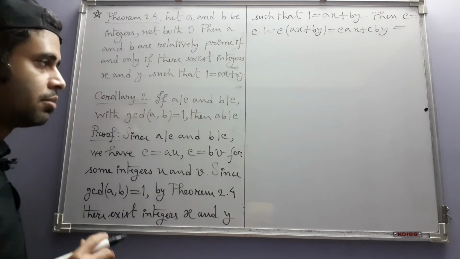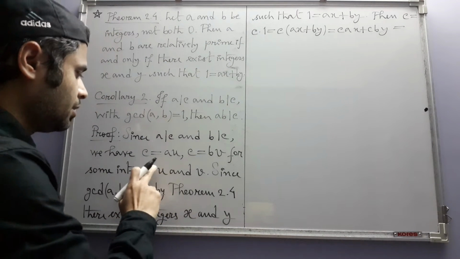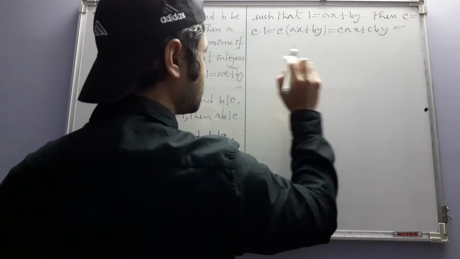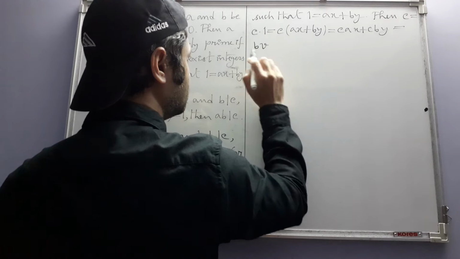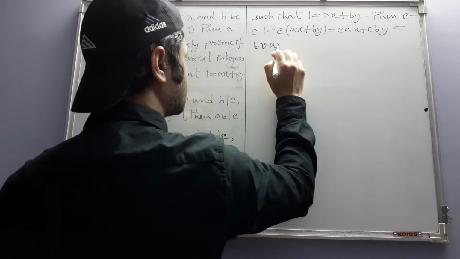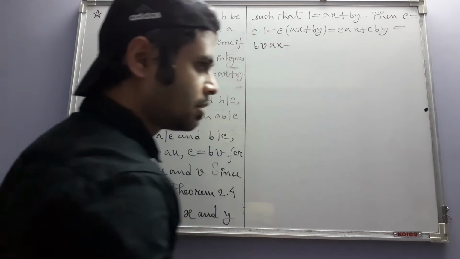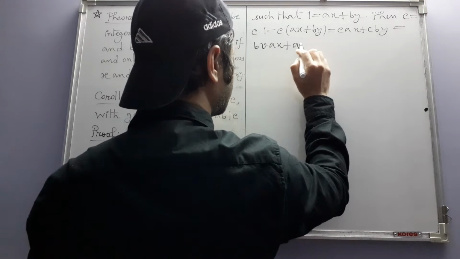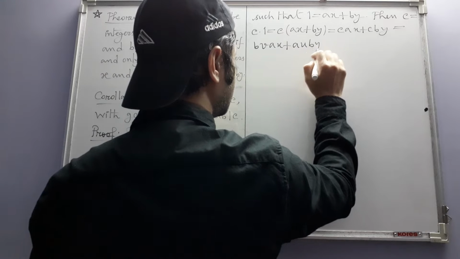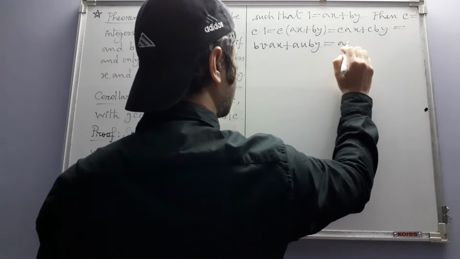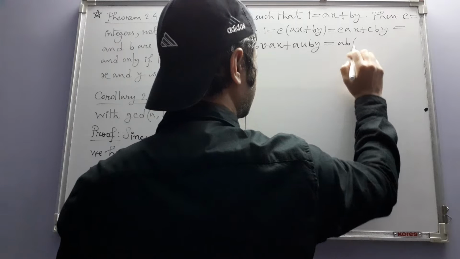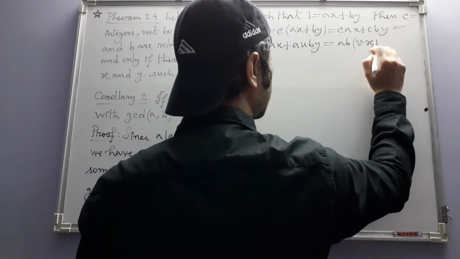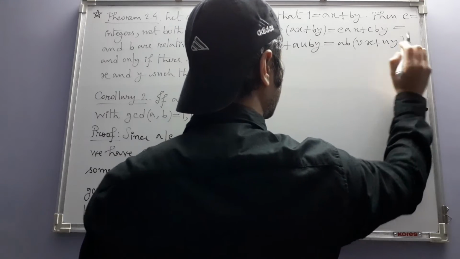Now in this sum, in the first term, we can replace c with bv, so it will become bvax, and in the second term we can replace c with au, so the second term will become auby, and we can take ab common out. So it will be ab times (vx plus uy).